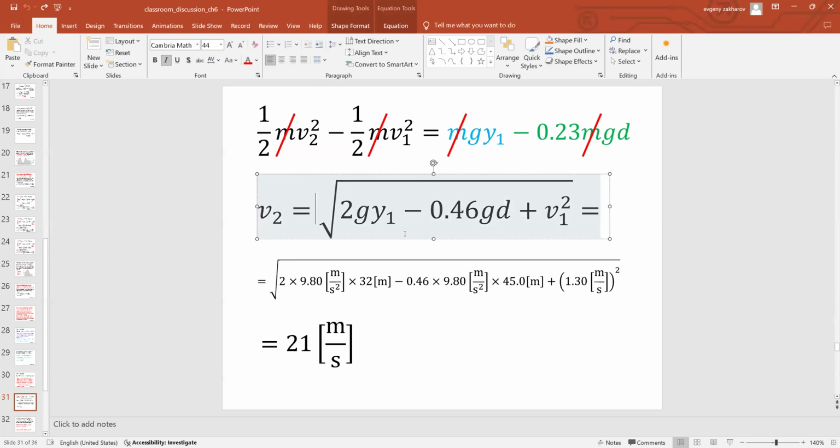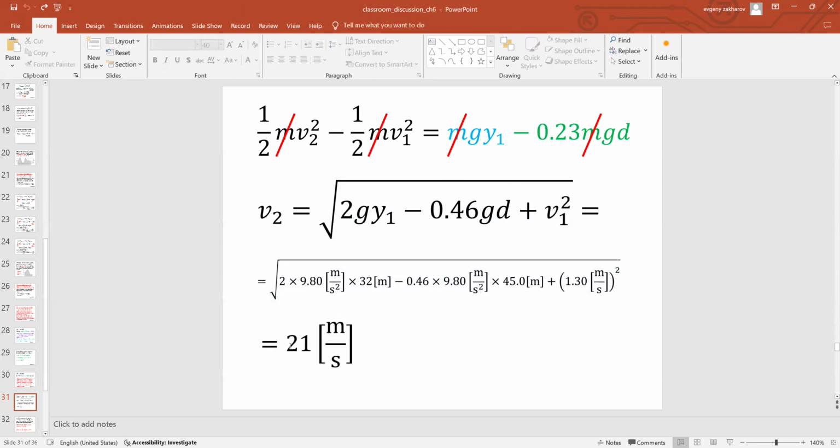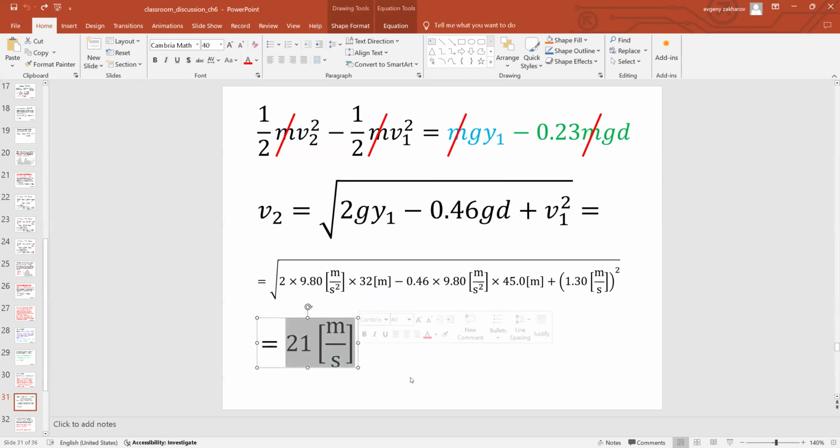The speed is still a function of how high you go in the first place, how much of a distance you travel for friction, and how fast you are going in the first place. All things considered together, you get 21 meters per second, which is less than before.